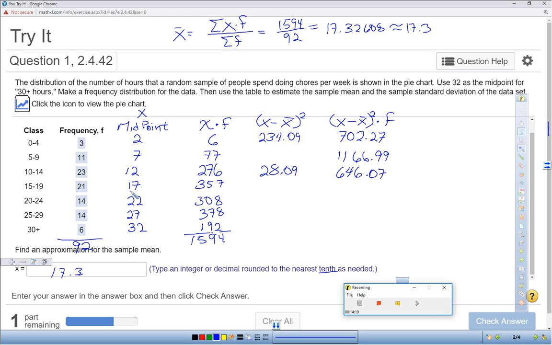Do the next one. The midpoint 17 minus the mean 17.3 equals negative 0.3, but that should be squared. The square is 0.09. Now this number multiplied by the frequency 21 gives me 1.89.